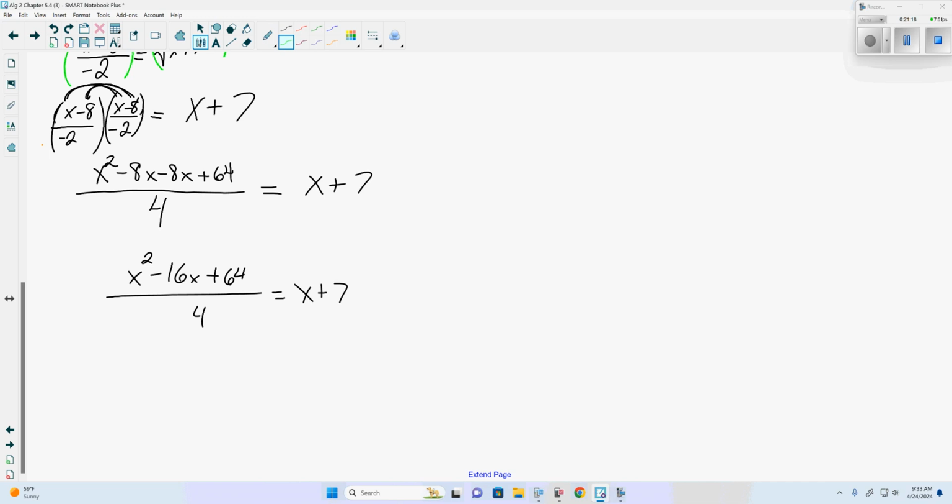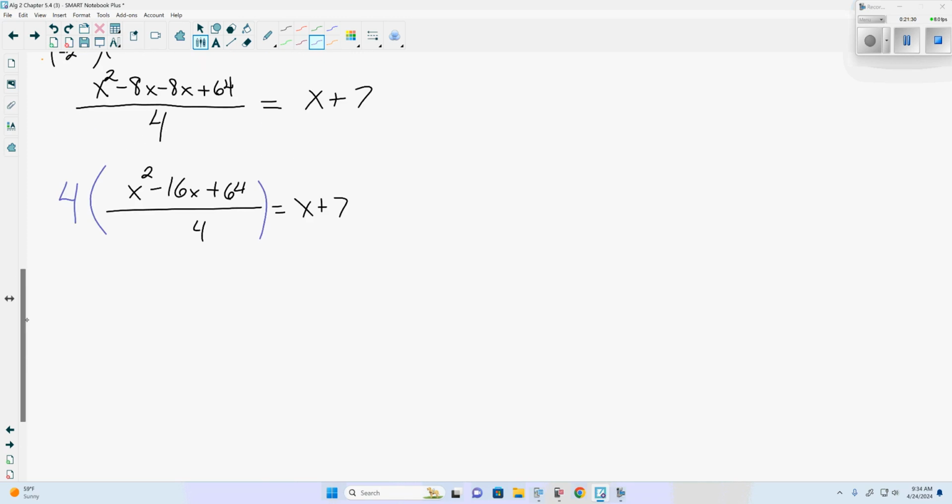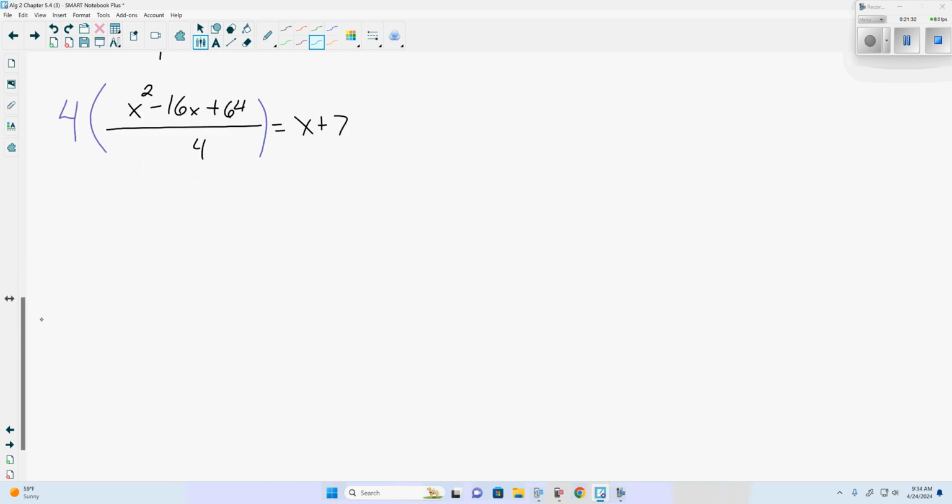Now, if I multiply the left-hand side of this equation by 4, well, that 4 and the denominator would do what? Cancel. Because it'd be 4 over 4, which would simplify that out, leaving me with x squared minus 16x plus 64. Yes?